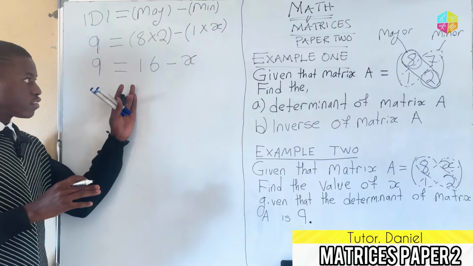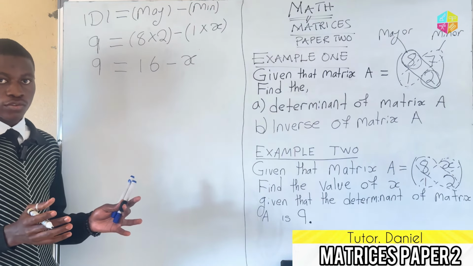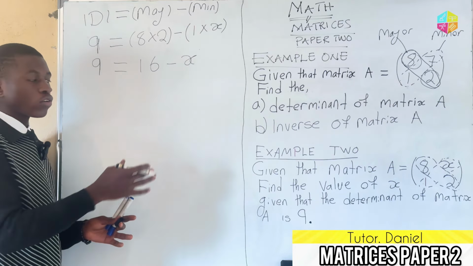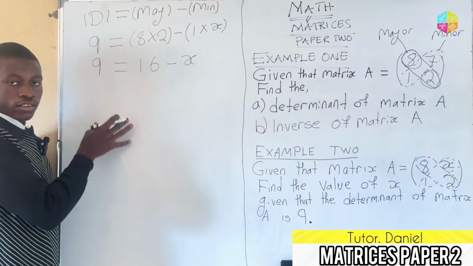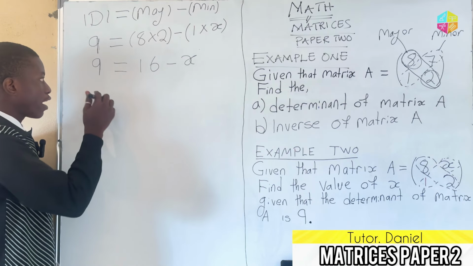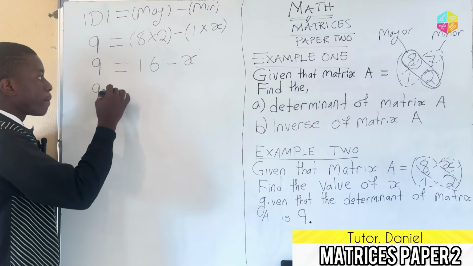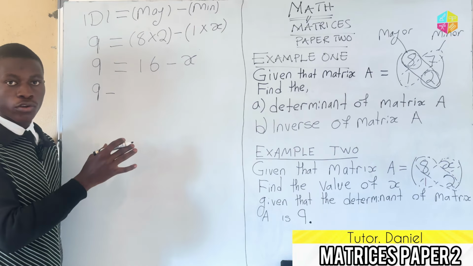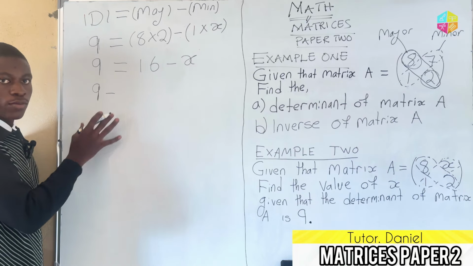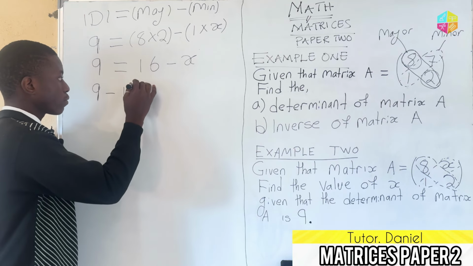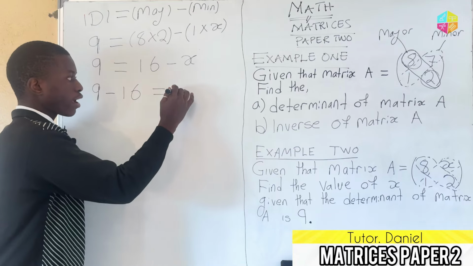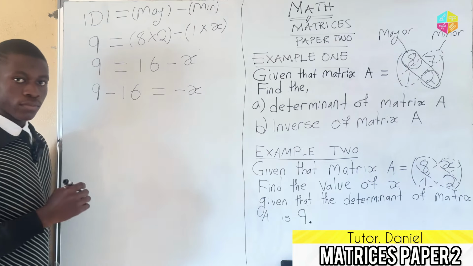When I reach this stage, I'll simply group the like terms together. So I'll take positive 16 to the other side. I'll say 9 minus 16, because this 16 is positive, and when it crosses the equal sign, it becomes negative. So 9 minus 16 is equal to negative x.